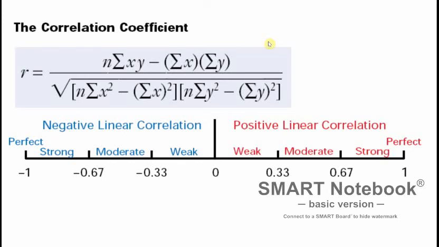If you get a score of -1, that means your data has a perfect negative linear correlation. And if you have a score of +1, then your data is showing a perfect positive linear correlation. And you can see there are different benchmarks along the way to define weak versus moderate versus strong. Positive values from this formula indicate positive correlation, and negative values indicate negative correlation.